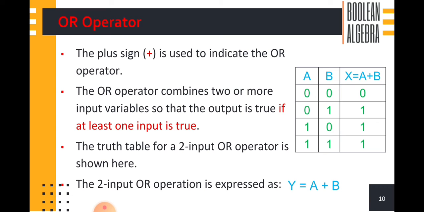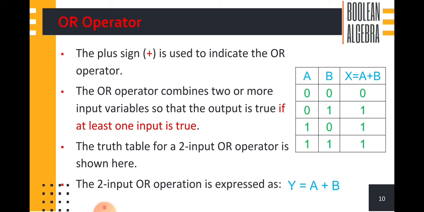The output is true if at least one input is true. But in the AND operator, only when all the inputs are true is the output also true. In the OR operator, if at least one input is true, the output is also true.